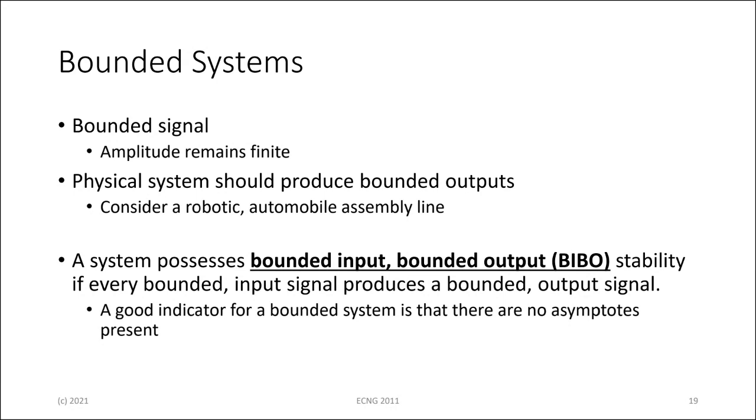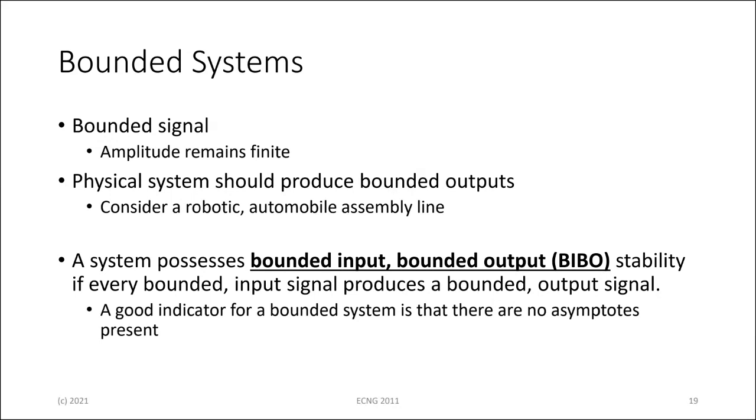So a terminology that we use is that systems should have bounded input, bounded output stability. In other words, every type of input that you put on it should produce an output that is within some boundary.